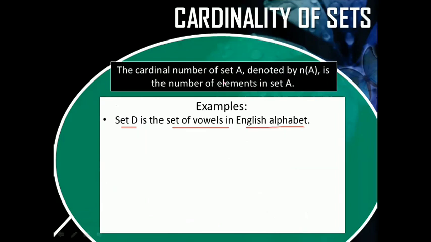So, when we say the cardinality of sets, first let us write all the vowels in the English alphabet. So, the set B has the elements A, E, I, O, and U. So, when we say cardinality of sets, once again, these are the number of elements in a set. So, our answer will be 5. It is because there is 1, 2, 3, 4, 5 elements in set B.